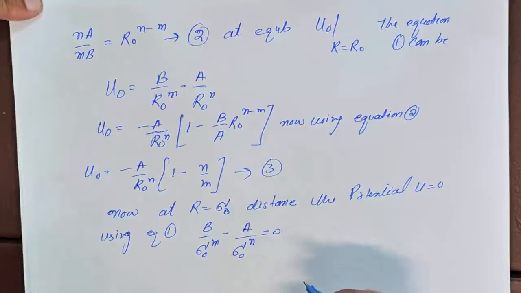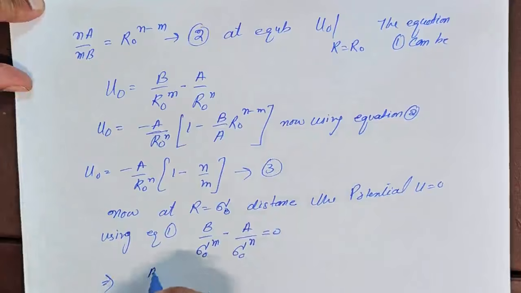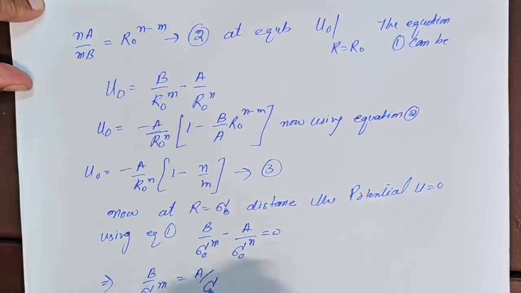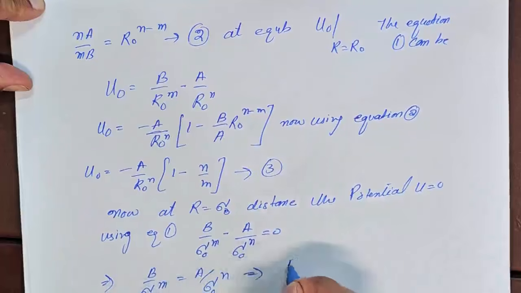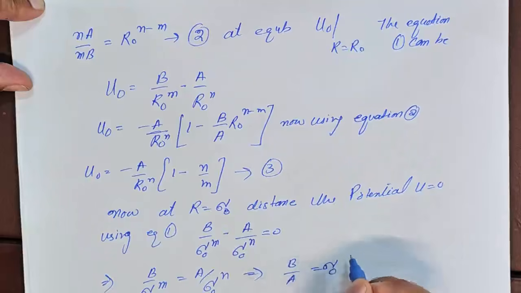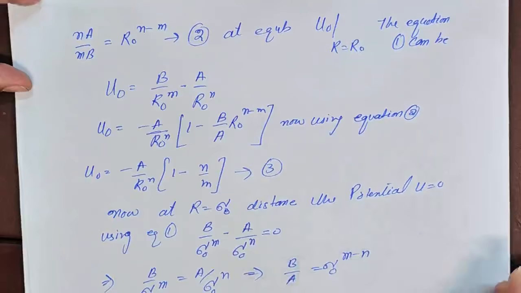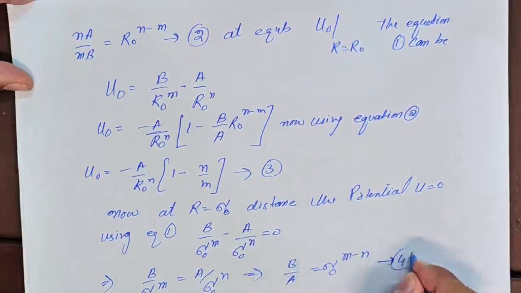We are replacing r by sigma naught. So b divided by sigma naught m is equal to a divided by sigma naught n. This is further equal to b by a is equal to sigma naught m minus n. This is equation 4.